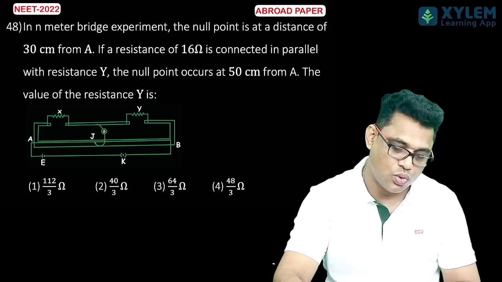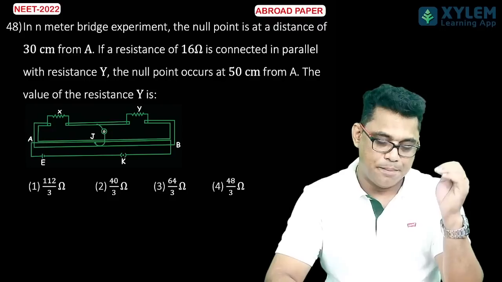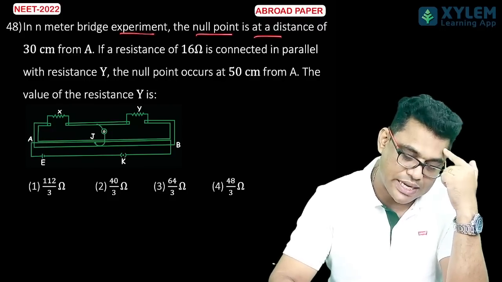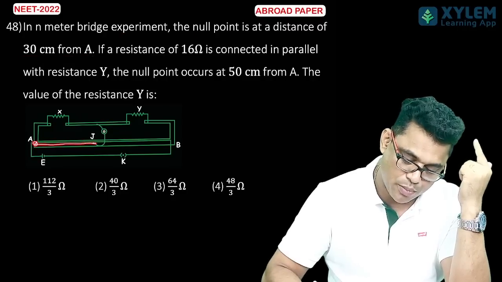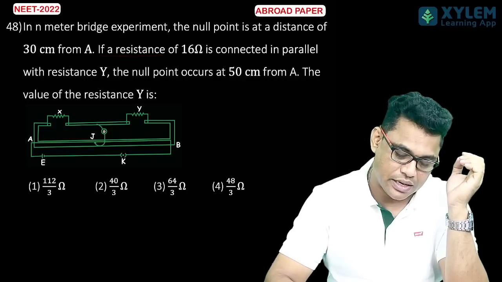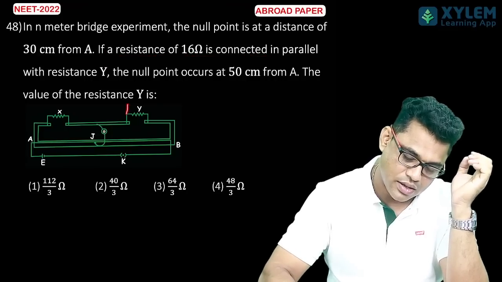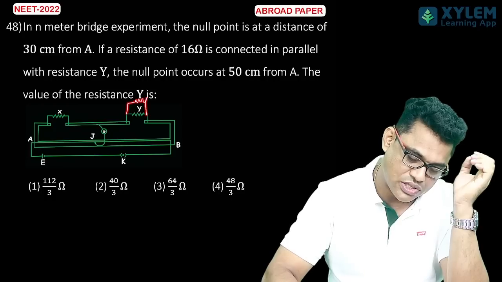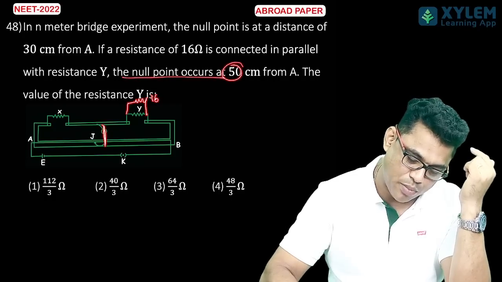48th question. In a meter bridge experiment, the null point is at a distance of 13 centimeter from A. From this point, null point is at a distance of 30 centimeter. If a resistance 16 is connected parallel to Y, a resistance 16 is connected, the null point is at 50, exactly at the midpoint.